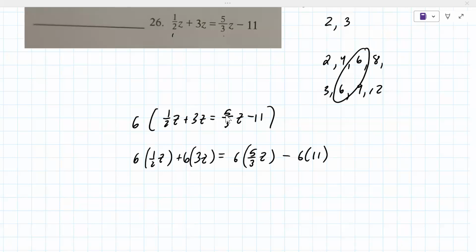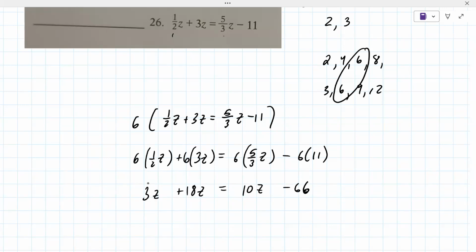I don't know if I put something wrong in. So let me give you the answer to try: 3z plus 18z equals 10z minus 66. Does that look at all like what you have?